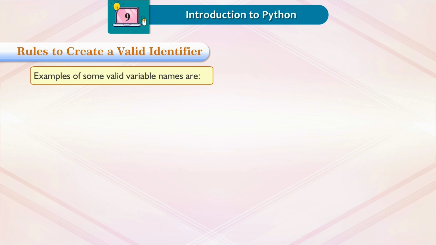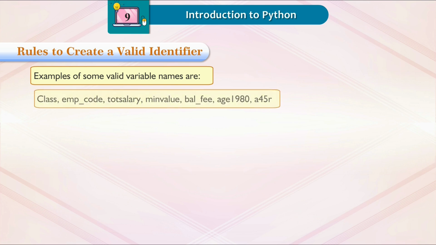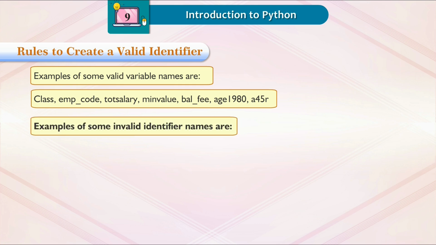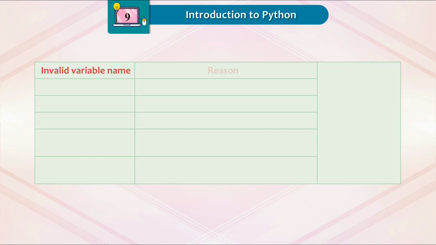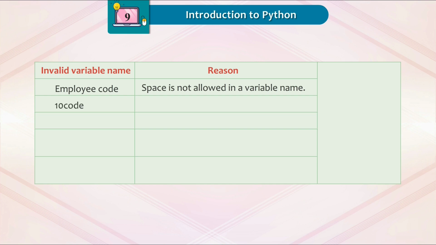Examples of some valid variable names are class, emp_code, tot_salary, min_value, bal_fee, age1980, A45R. Examples of some invalid identifier names are, with reasons: Employee code, space is not allowed in a variable name. 10code, a variable name cannot start with a digit.